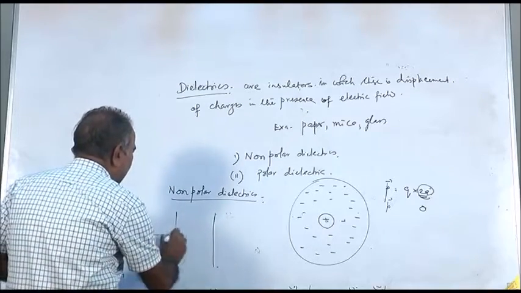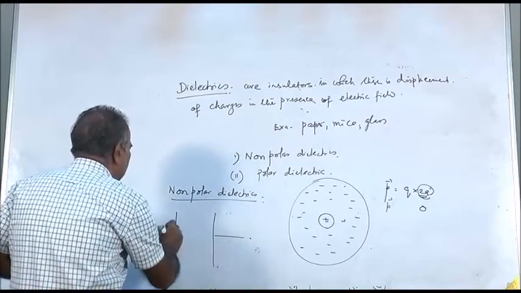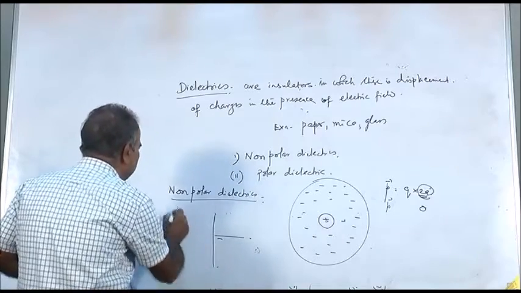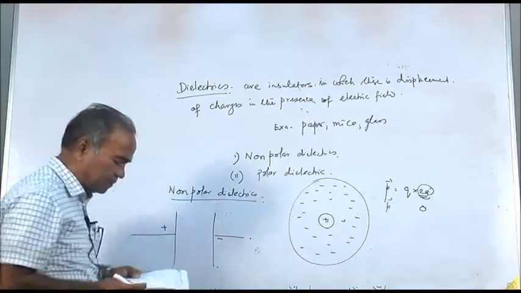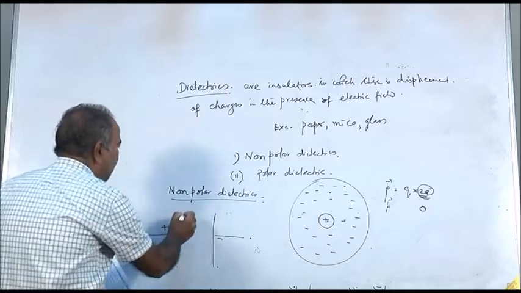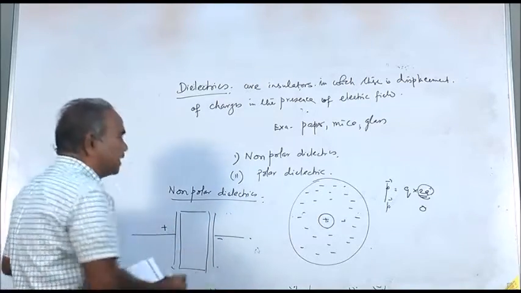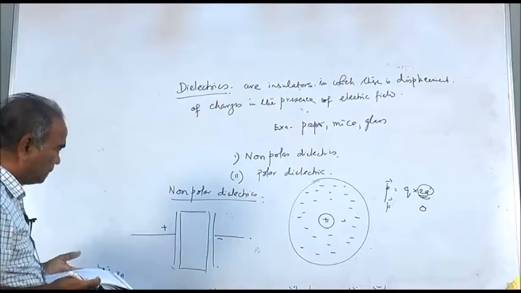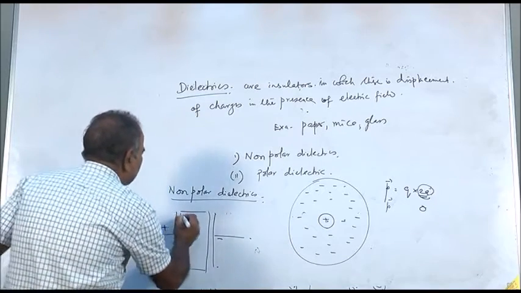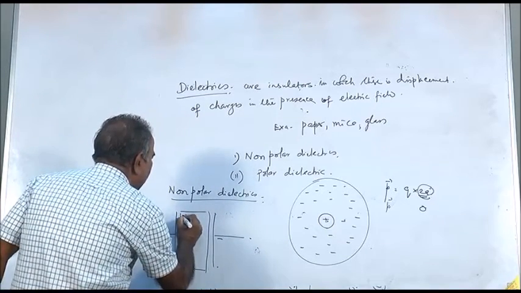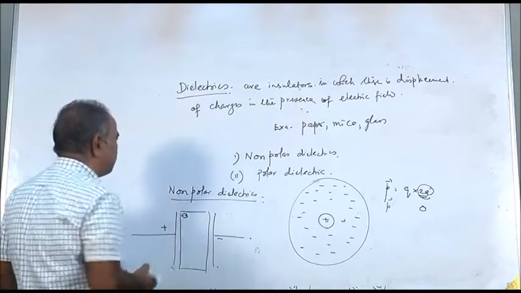When the electric field is applied, this plate will be positive and this plate will be negative. The dielectric placed inside it, which is electrically neutral, will have the positive plate attract the negative charge and repel the positive charge.